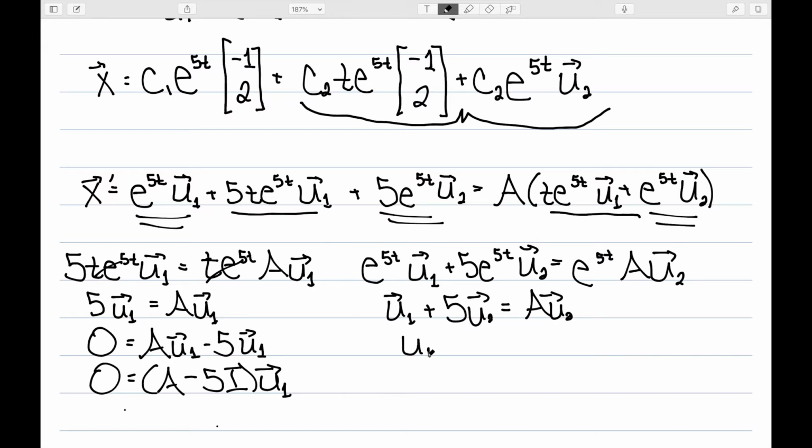I'm going to get my u2's together. I have u1 equal to Au2 minus 5u2. Factoring gives me u1 is equal to A minus 5 u2. And this is what I need. I need to be able to solve this for u2 to end up getting my solution vector appropriately.